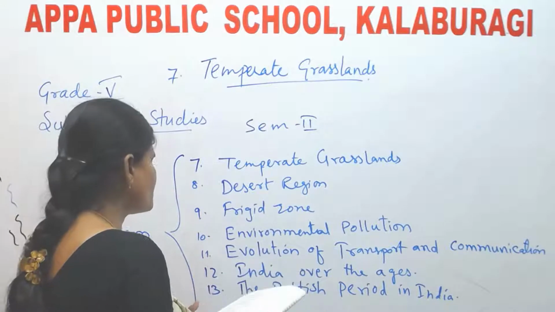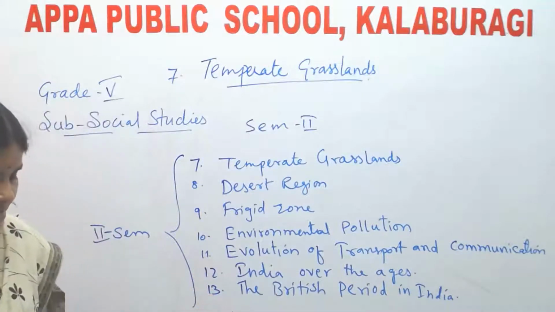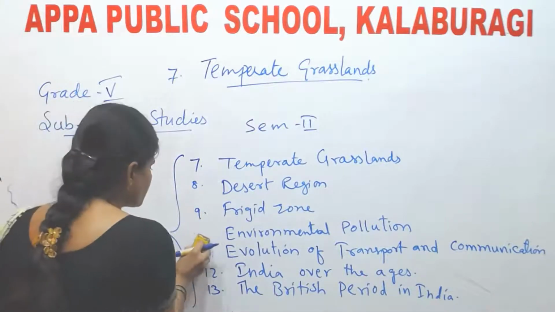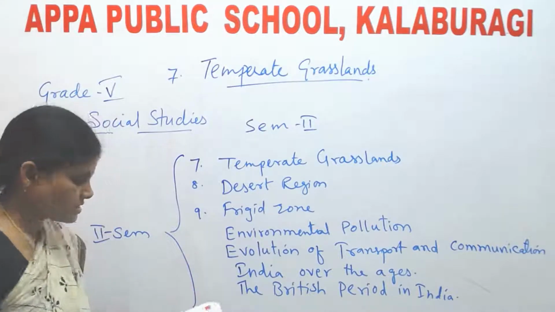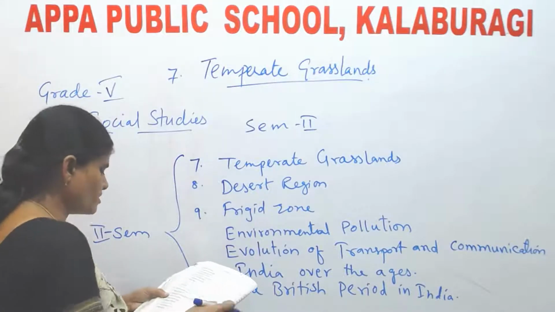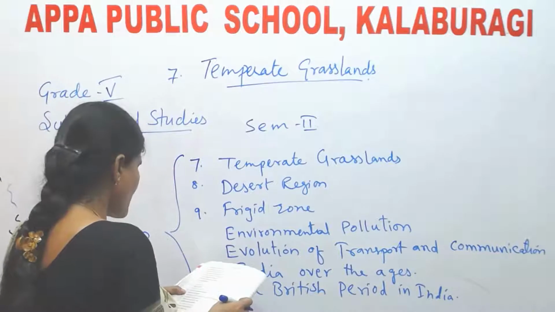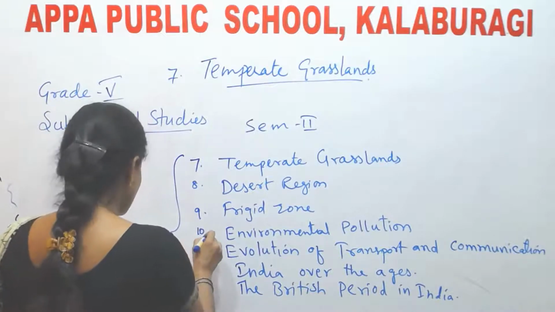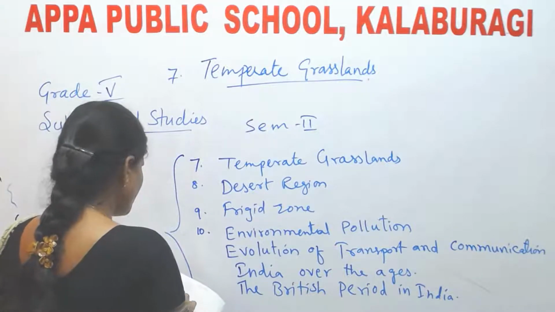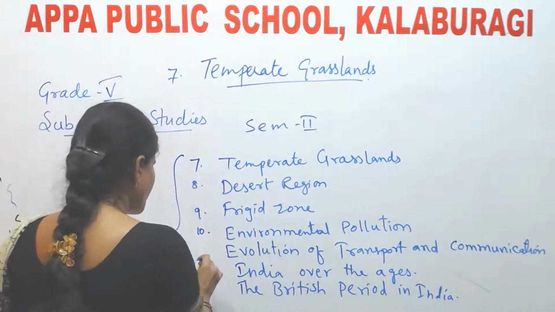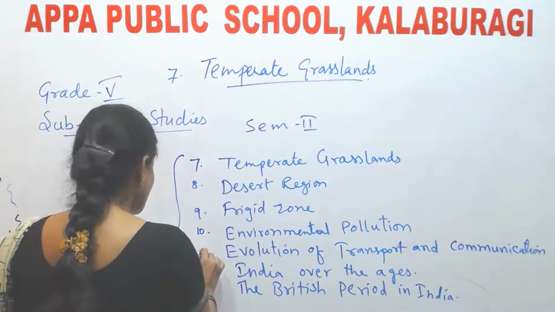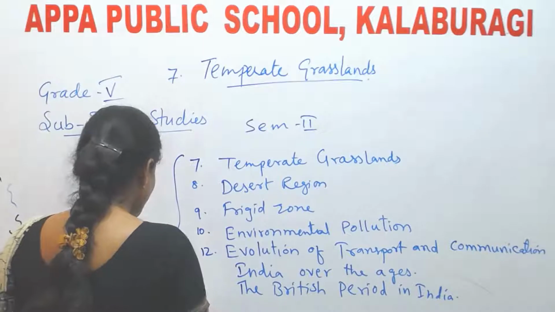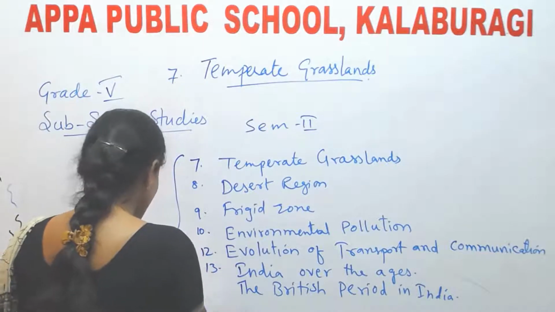Next 11th lesson is natural disasters. See, this is environmental pollution, actually the 10th lesson. Next, evolution of transport and communication, this is 12th lesson. And India over the ages, this is 13th lesson.